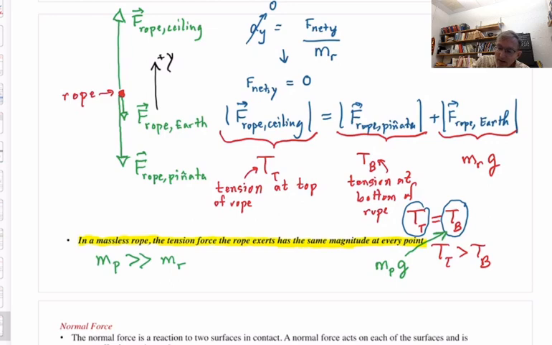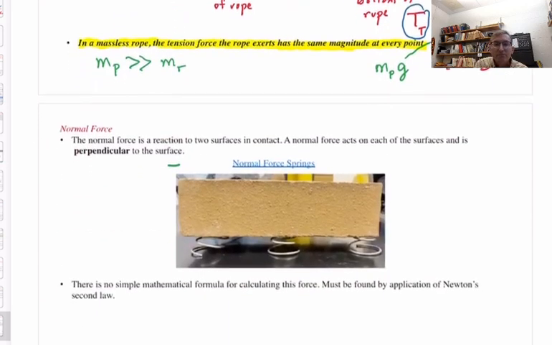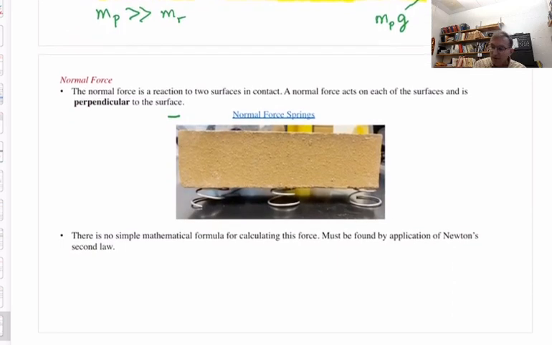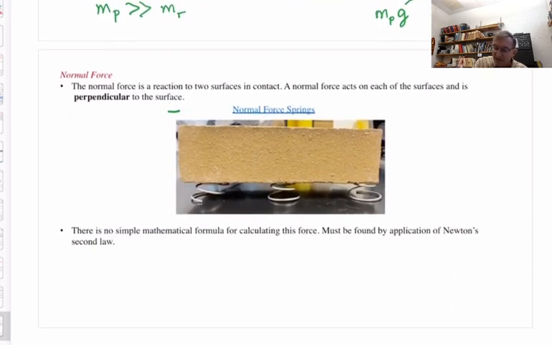Okay, last of the three common forces. It's called the normal force in physics. Let's be very clear what we mean by that in physics. We're not using normal here in the sense of the antonym of abnormal.